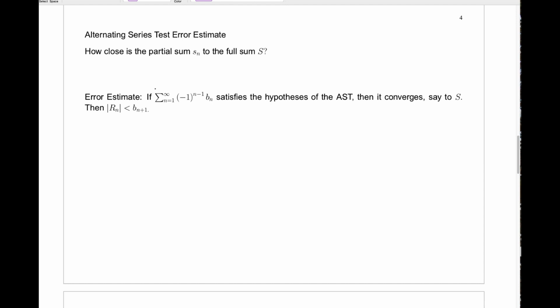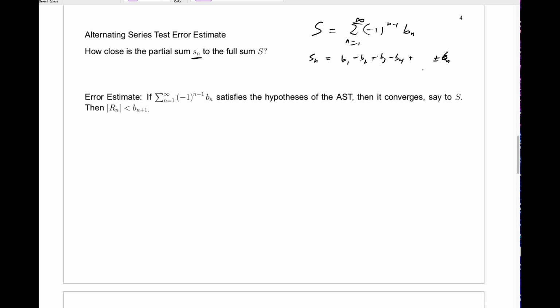Well, just as always, we want to use the partial sums S sub n to approximate the full series S. So remember here, S will be the sum of (-1)^(n-1) b sub n, n equals 1 to infinity, and the partial sum S sub n will just be b1 minus b2 plus b3 minus b4, and then we'll keep going like this, plus or minus b sub n.